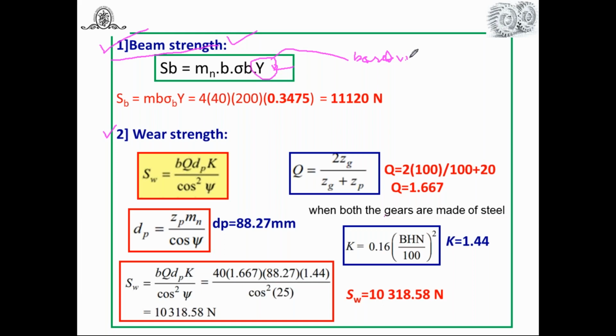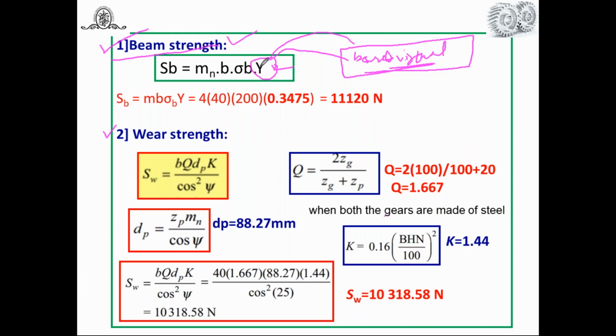Try to understand. In a spur gear, this Lewis form factor is based on the number of teeth on the spur pinion or the number of teeth on the gear. Here, the virtual number of teeth plays the important role. So for a helical gear beam strength equation, this Lewis form factor is based on the virtual number of teeth.